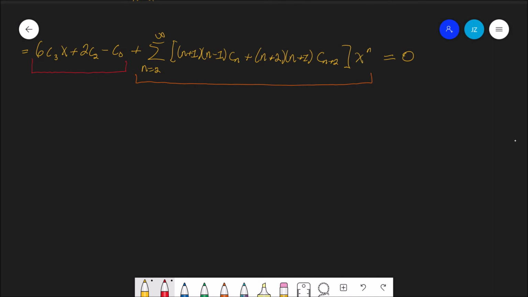So if 6c3 x is equal to 0, then we'd have c3 has to be 0. Right, we know this because we're doing coefficient comparison. 2c2 minus c0 has to be 0, and so c2 would have to be a half of c0.